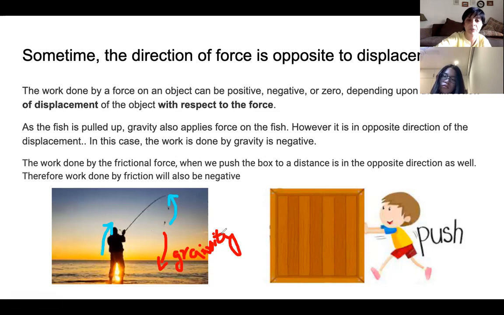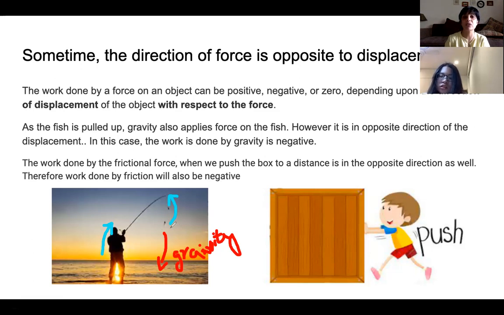Now tell me, all this while we were thinking of it from the perspective of the man. Is the man doing the work or not? Now let's think of it from the perspective of gravity. What is the direction of the force applied by gravity? Downwards. What is the direction of the displacement of the fish? Upwards.